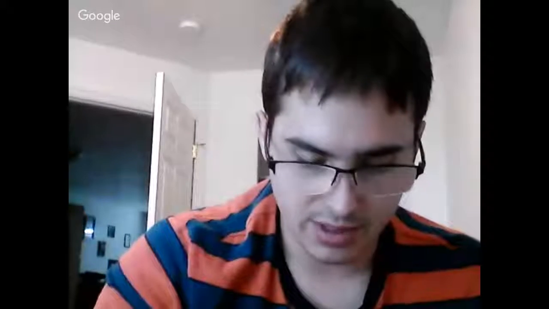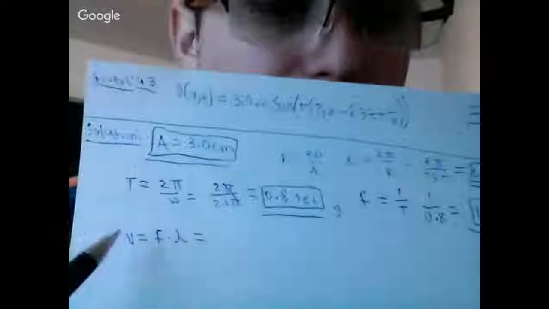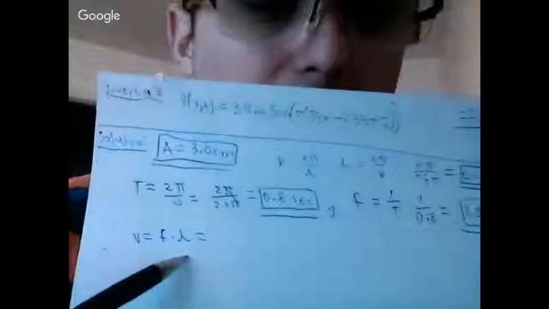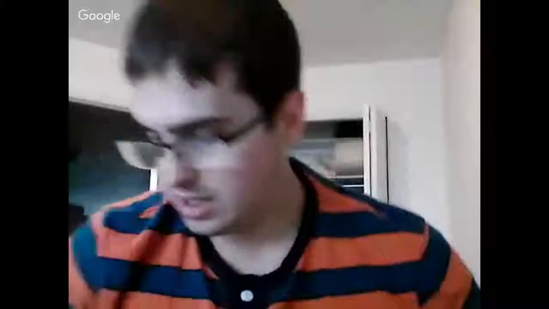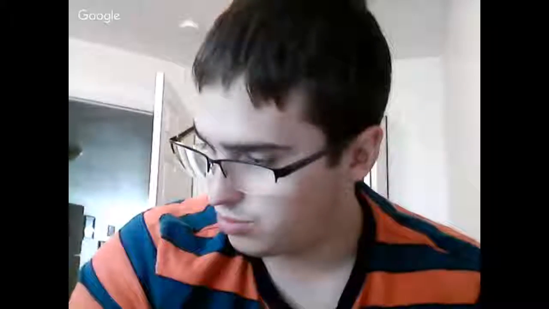Now the velocity, we can use the equation frequency times lambda, or wavelength. And I feel like that's probably the easiest, that we can just use that because we already found our frequency and wavelength. So our frequency was 1.25, and we times that by our wavelength, which was 0.0267 meters.